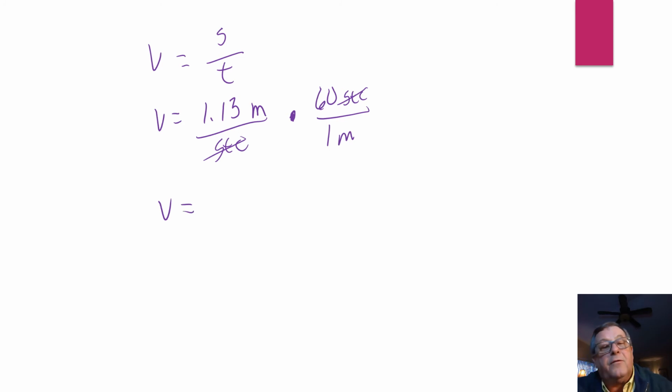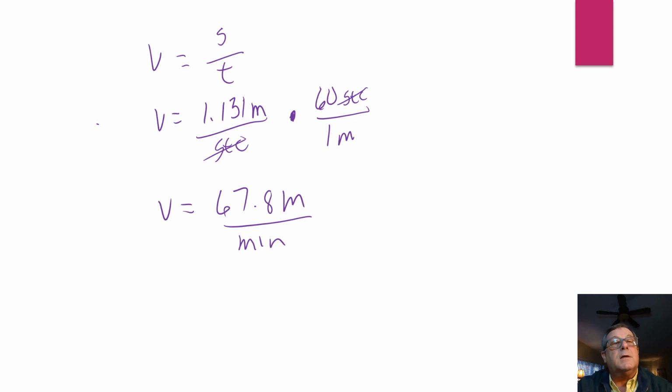So my linear speed then is 1.131 times 60. And that's 67.86. I'm going to round that to the nearest tenth. And so my linear speed then is 67.8 meters per minute.